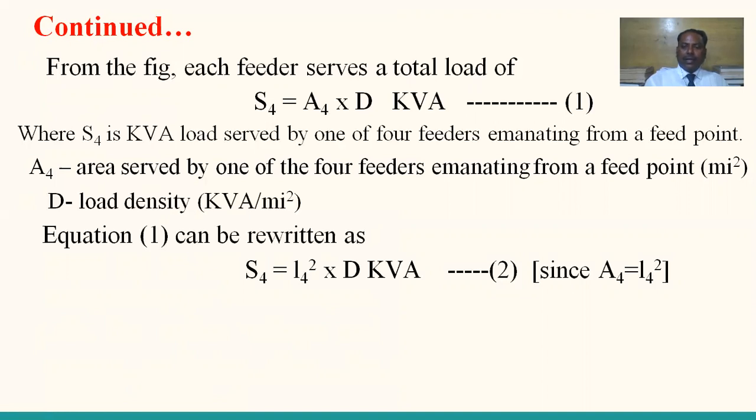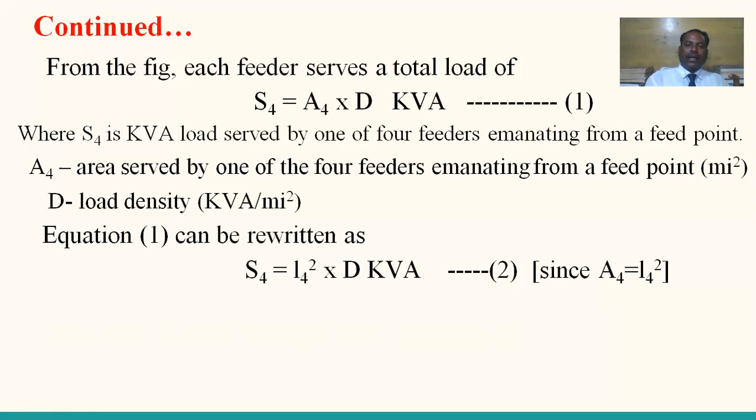The area is the area of a triangle, based on the base and height. Using this formula, the area becomes half into 2 into L4 into L4. So half and 2 both cancel and A4 is equal to L4 square. So substitute A4 by L4 square, giving S4 equal to L4 square into D kVA.